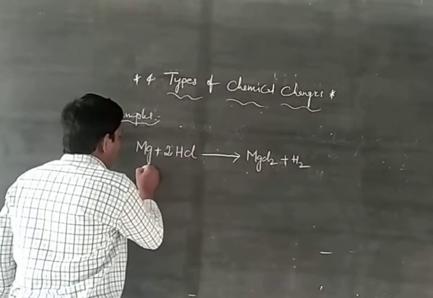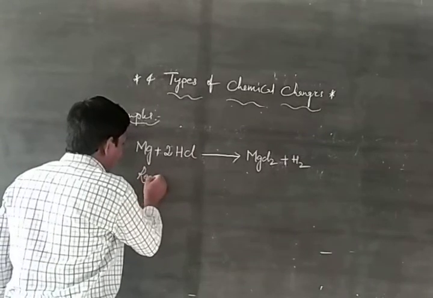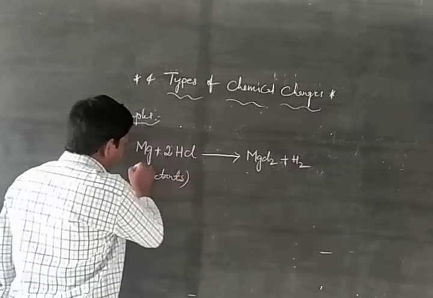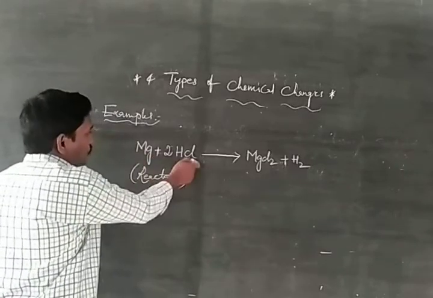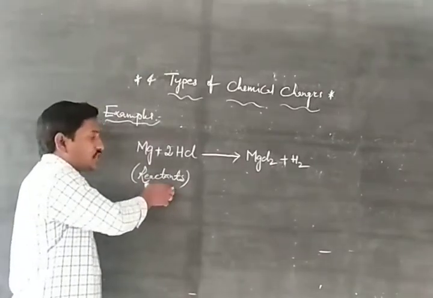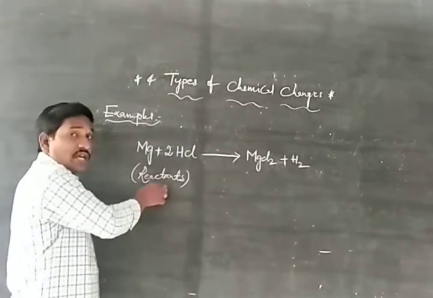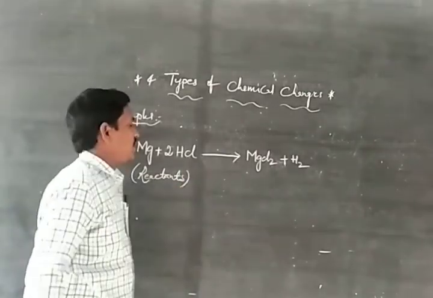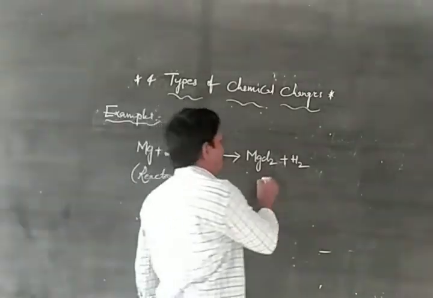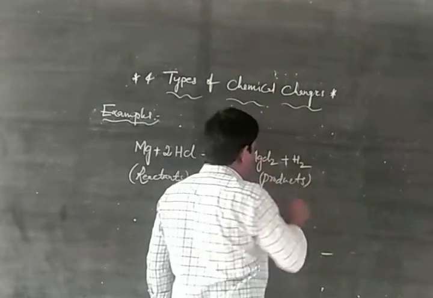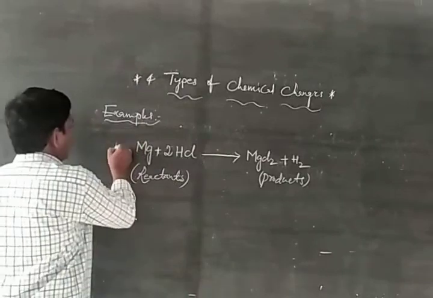It is already a balanced equation. Mg plus 2HCl are called reactants. Reactants are the substances which take part in a chemical reaction. These are called products. This is one example.